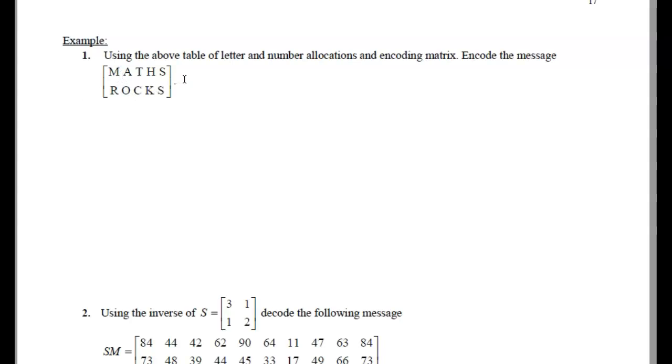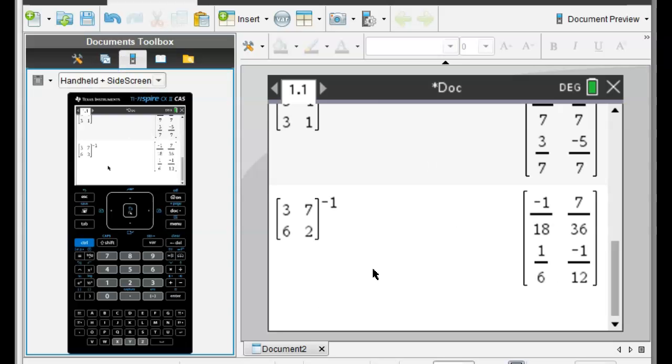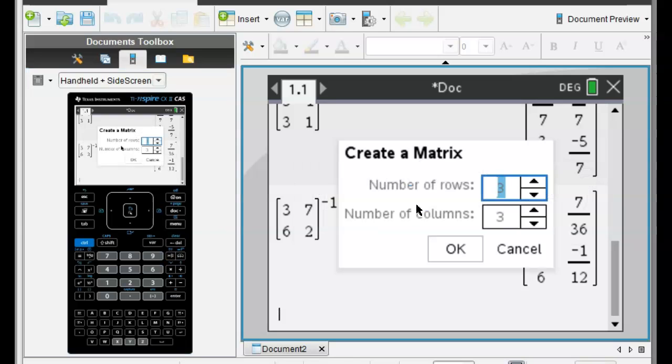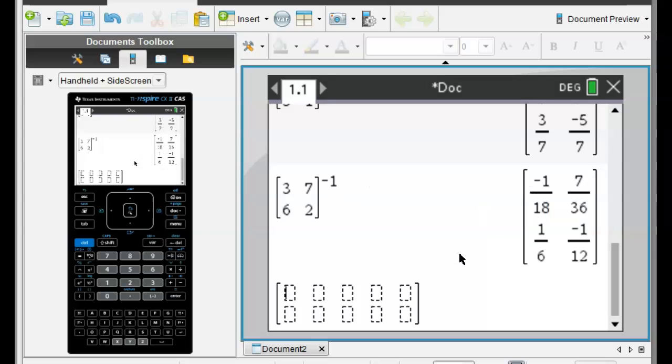You can put both words on one row, but here we've got 2 rows and we've got 5 columns, okay? So in our matrix, I tell my calculator that I want 2 rows, 5 columns. Okay, and then we just put in the letters.